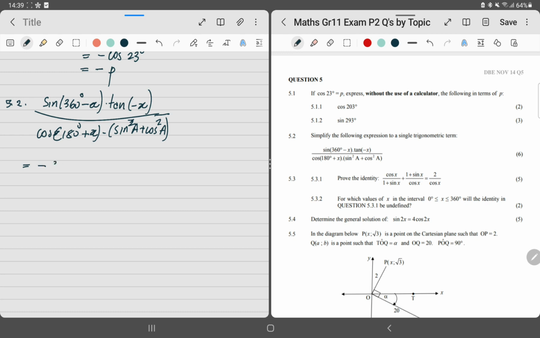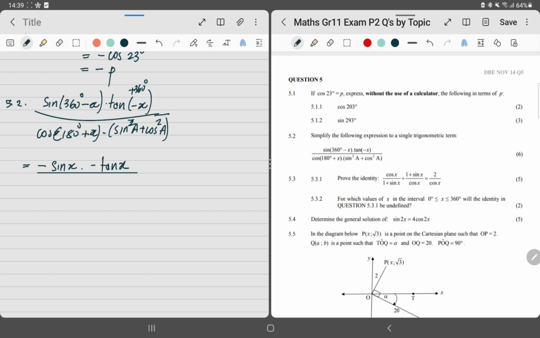Sine is negative there. So whenever we have a negative angle, we add 360. So this is 360 minus, which is in the fourth quadrant. Tan is negative there. So this is negative tan x.